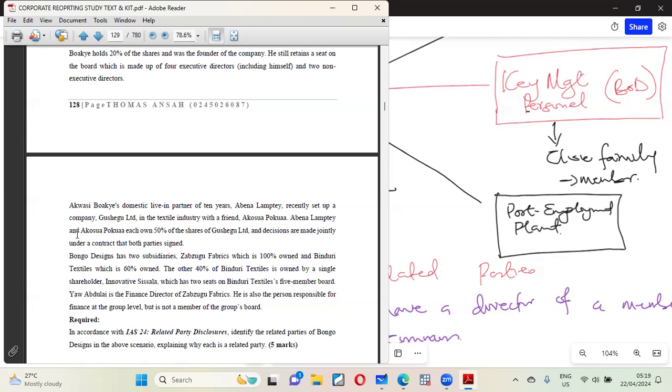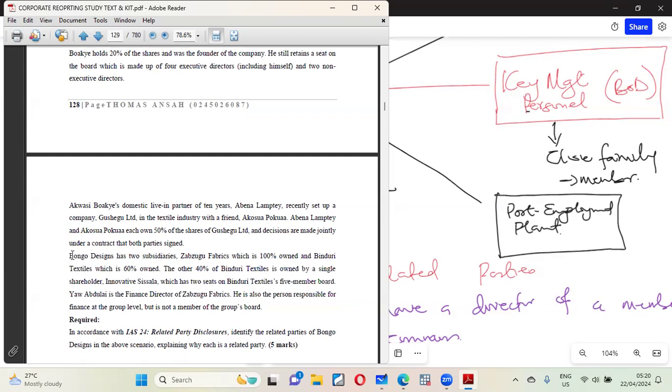Abena Lamte and Akosua Pokua own 50%. So this one too, I spoke about it, a third-party joint venture. I spoke about it when I was drawing the diagram. Third-party joint venture. It's very, very important.